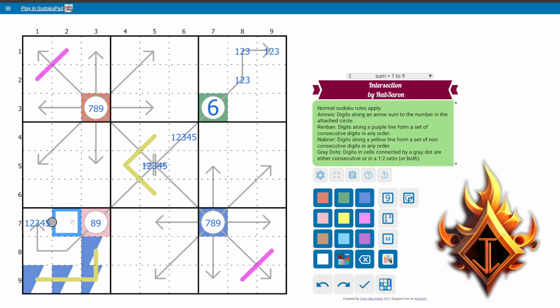Can 8 go with 4? No, because that would put 7, 6 on this line. 8 cannot go here.